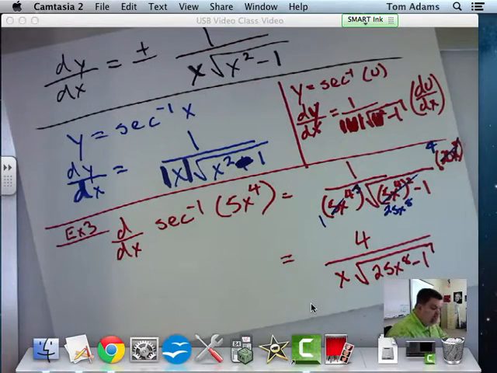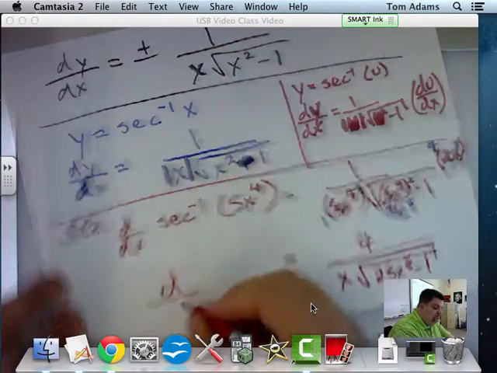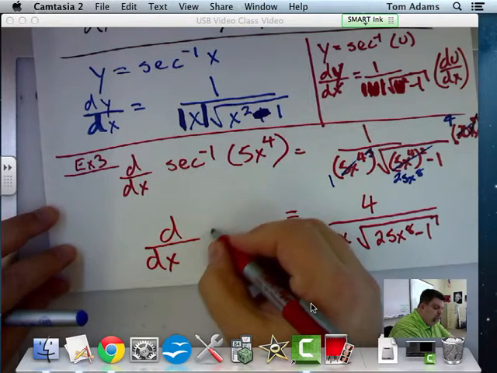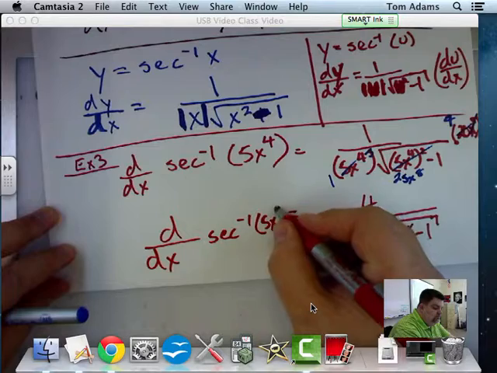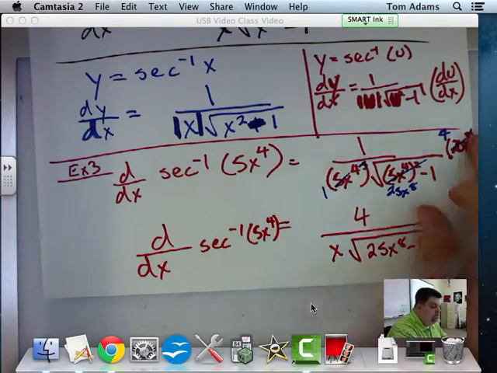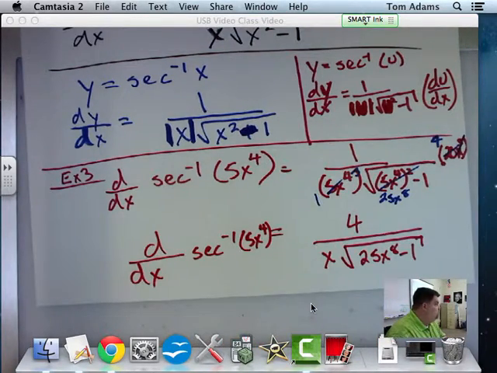Wait, what's the thing crossed down the top right corner? This is the derivative of 5x to the 4, which is 20x to the 3rd, right? Does that make sense? Yep.